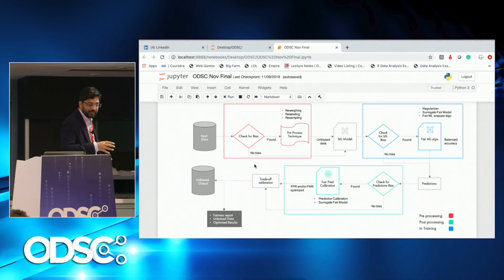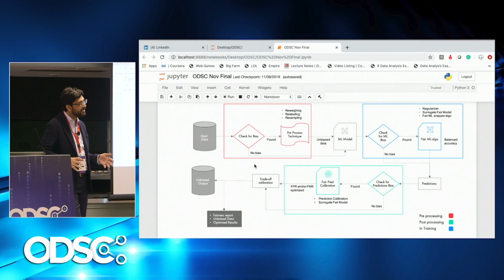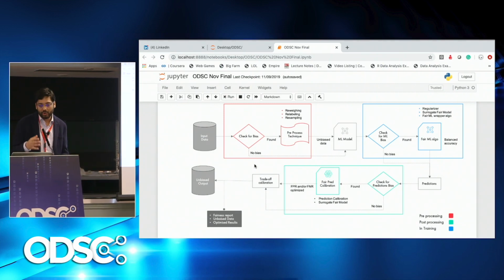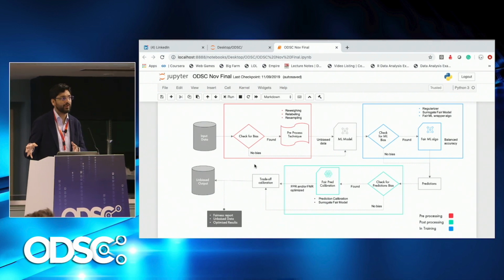The most important thing here is, it's better to check on processed data. The reason is, sometimes there is no bias in your raw data, but the way you do feature engineering may lead to the creation of some features or variables which would have bias in them. You may have a linear combination of a few variables which will lead to bias. So it's better to check for bias just before you put your data into a model.